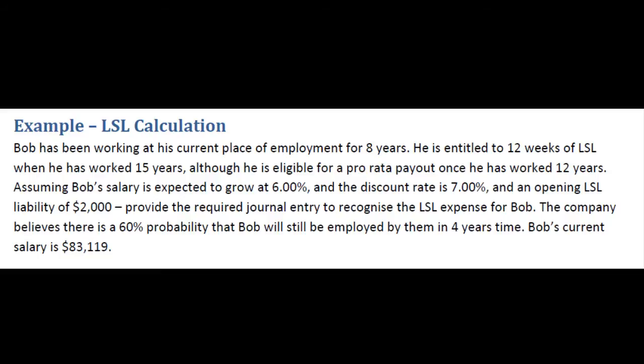At time 8, he's worked 8 of 15 years, so he's worked just over 50% of the time towards getting 100% of his leave. Because when he gets to time 15, he's got 100% of his leave, he gets his full 12 weeks. However, he's only worked 8 years, so he'd get about 6.5 weeks of his leave. So we need to know at time 12 how much he gets paid, how many weeks he gets, and then figure out how much of that he's actually earned.